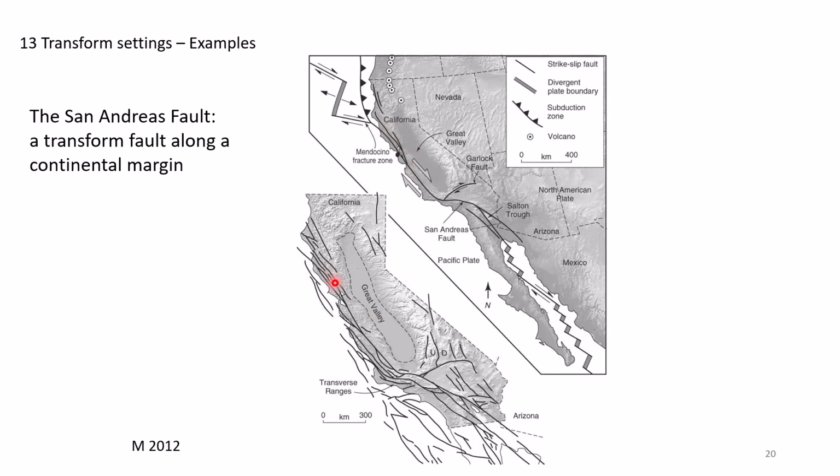It is actually a very complex grouping of strike-slip faults and curving bends, particularly here in the transverse ranges where we have a leftward bend in a dextral strike-slip fault. And as you will have seen from the previous video, this creates a restraining bend in the San Andreas Fault zone.